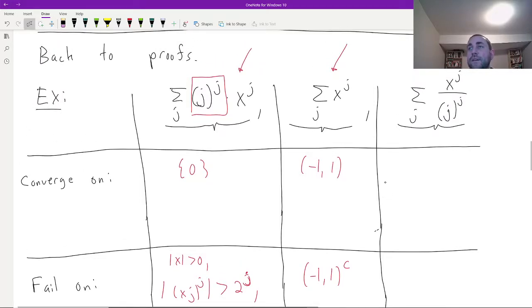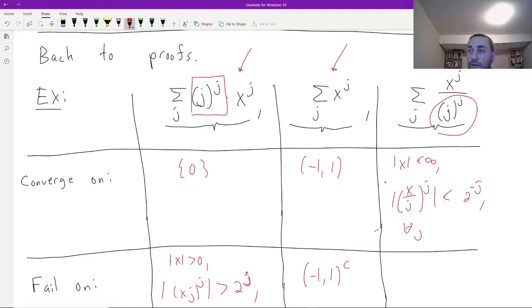This third series, we now take the same thing, except instead of multiplying by a huge number, we now divide by an enormous number. And it turns out that it actually converges absolutely everywhere, and basically by the same argument that we just did, as long as we have some x that's finite, then x to the j over j to the j is less than 2 to the minus j for all j sufficiently large.